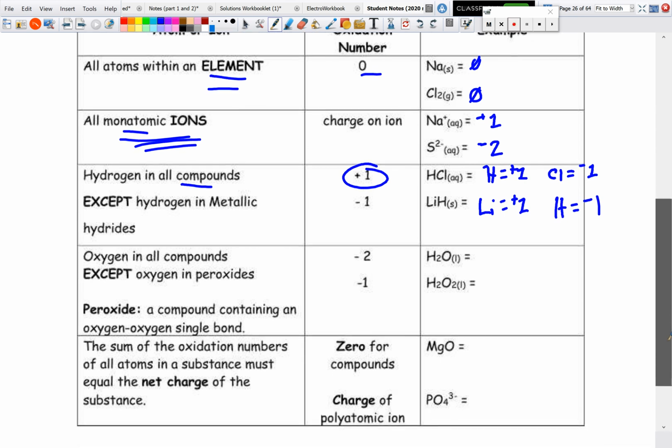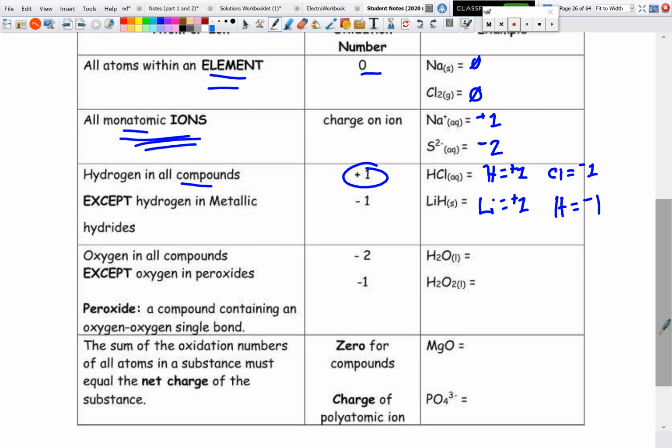Now, oxygen is one of the most electronegative atoms on the periodic table, except for fluorine. So this is why we have our own little exception for oxygen as well. Oxygen in all compounds, except for peroxides, is going to be negative 2. In peroxides, it is negative 1.